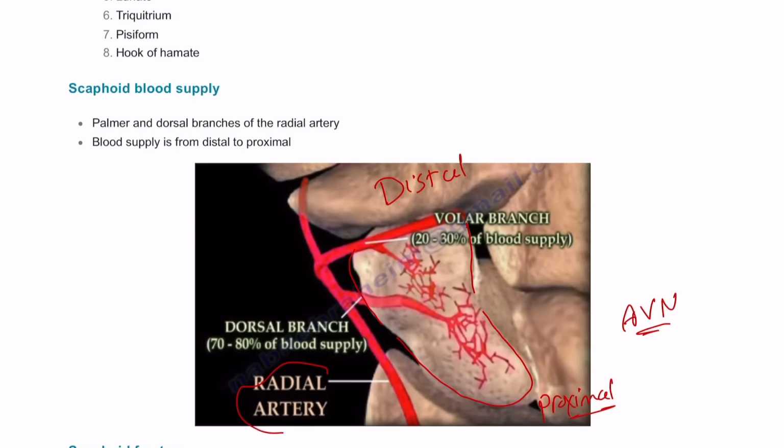Here is the radial artery, and you have a palmar and a dorsal branch. If there is a fracture in there, the proximal part will be deprived of its blood supply and will be at risk of avascular necrosis. That's why it's quite important to know the blood supply for the scaphoid, which is the palmar and dorsal branch of the radial artery.